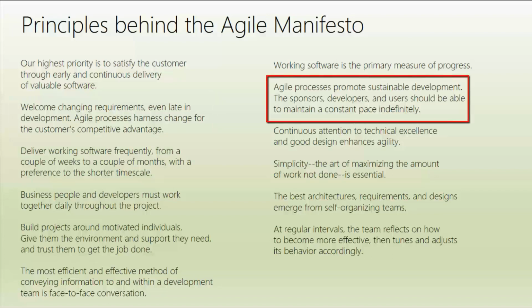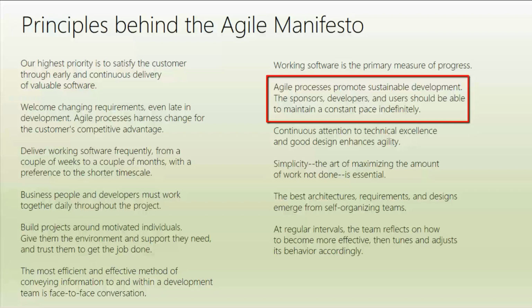The second principle that I think is important in this list is on the right side of the screen, which is Agile processes promote sustainable development. The sponsors, developers, and users should be able to maintain a constant pace indefinitely. So this is important, and this again comes back to the communication and the interaction among the teams.